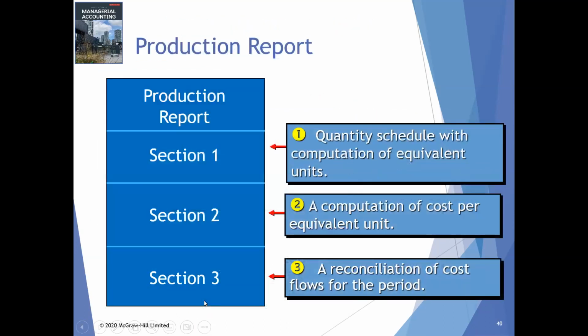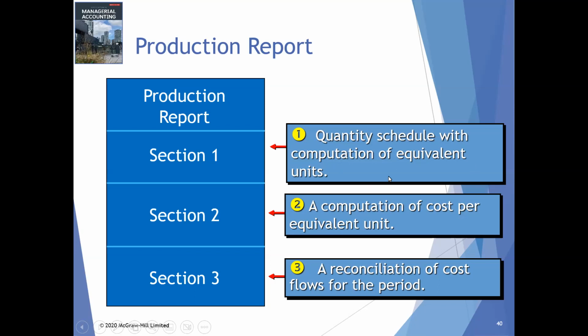Now, if we talk about how we create the production report, the production report that we will prepare step by step: section 1, section 2, section 3. Section 1 is a quantity schedule with a computation of equivalent units.